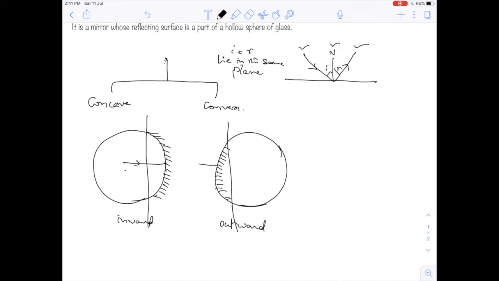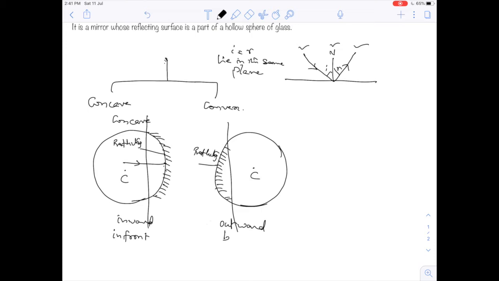And if you look at the center of the sphere, when it is a part of that sphere, the center is in front of the reflecting surface. So, the center is in front of the reflecting surface for the concave mirror.